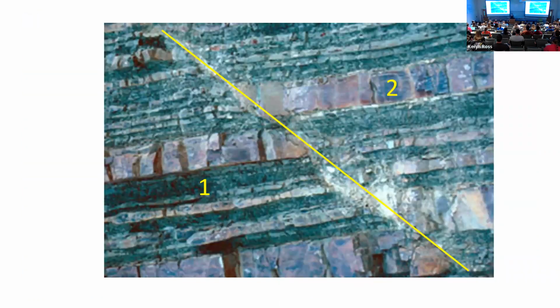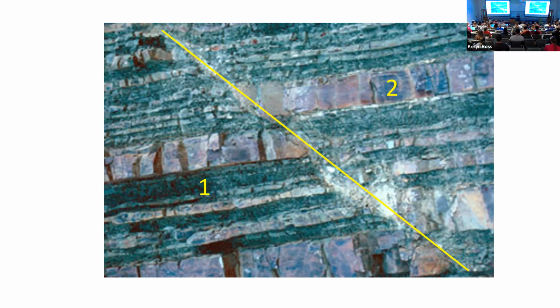Okay, once more. Remember, tell your neighbor what the hanging wall is. Tell us if it's a normal or a reverse fault, or in other words, is the hanging wall moving up or down? Okay, what do you guys think?